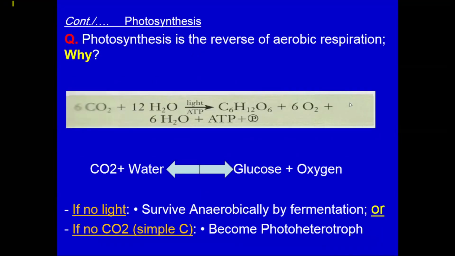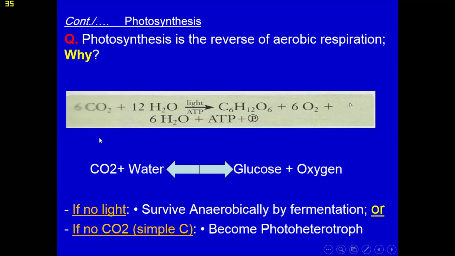Now, a question. Photosynthesis is the reverse of aerobic respiration. Why? Let us see. Photosynthesis: CO2 plus water plus light and ATP produce glucose, oxygen, water, and ATP plus phosphate, of course.